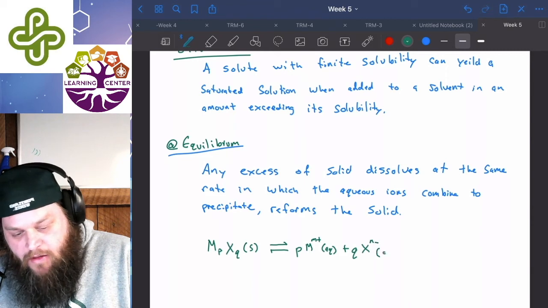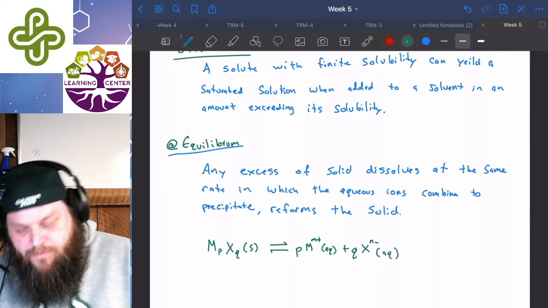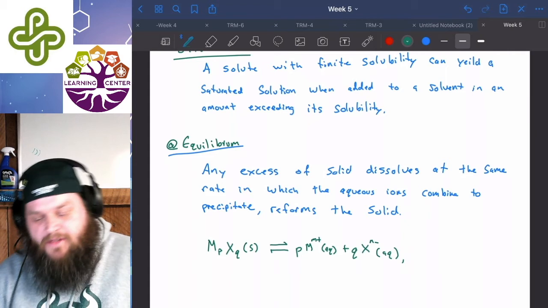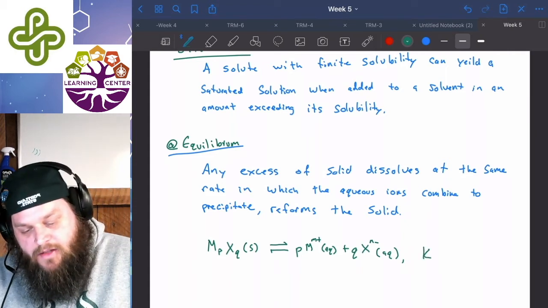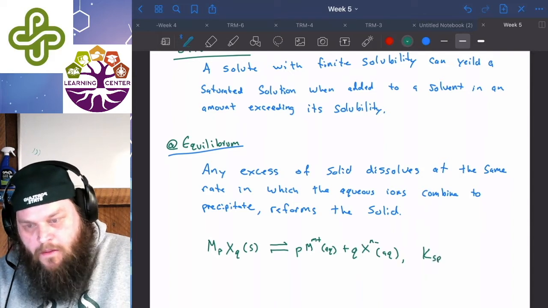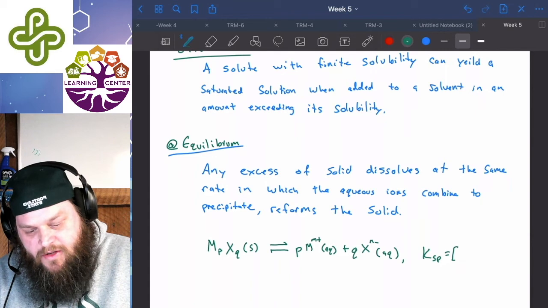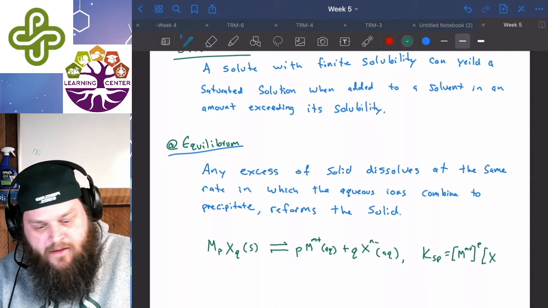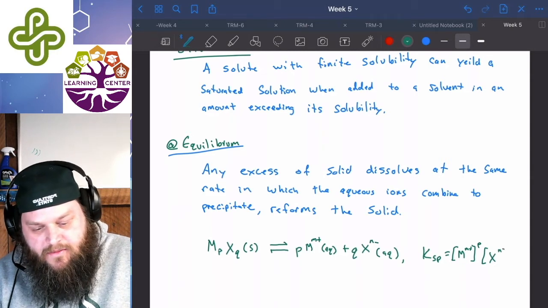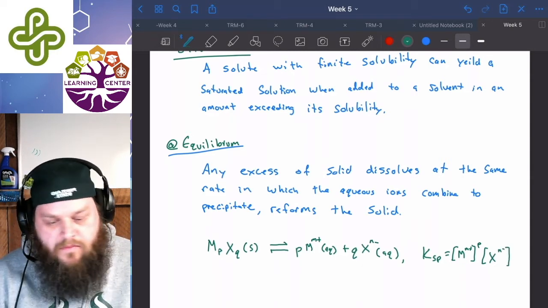I know this is a little abstract, but this lets us write a generalized form of the solubility constant, which is going to be equal to the concentration of M^m+ to the power of P times the concentration of X^n- to the power of Q.